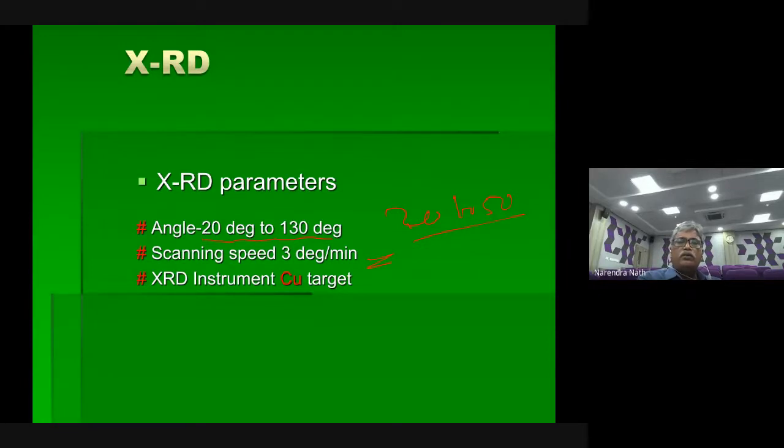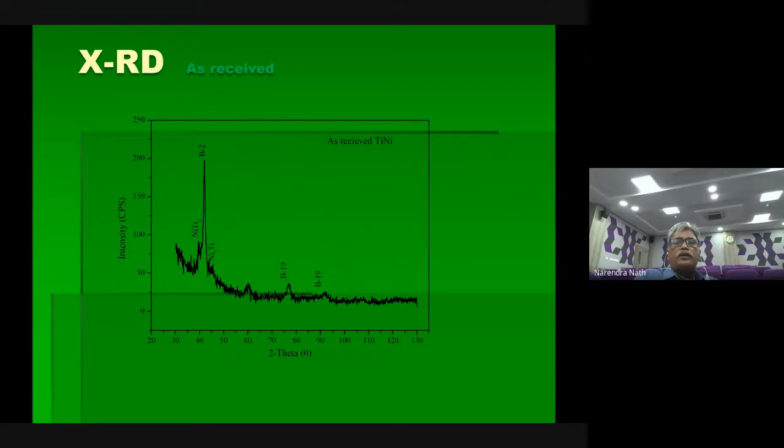If you go for a very high scanning speed, it may not detect the peaks properly. So better take 3 to 4 degrees per minute, so that it gives a very good result. Depending on the underlying elements, you may choose the target. There are 2-3 targets; here we used a copper target, and based on that we tested.